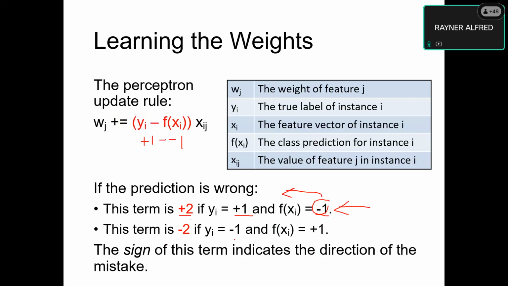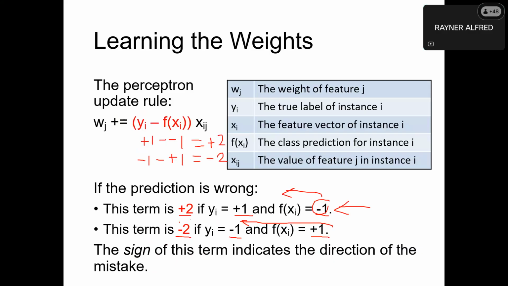Okay, but if your actual is negative, but it is predicted as positive, you want to move this one to be negative, so to become -2, so it will be reflected in here: -1 minus +1. So you have -2.